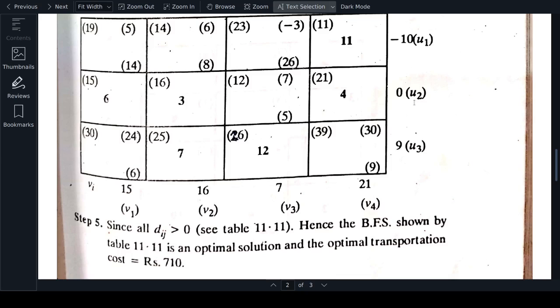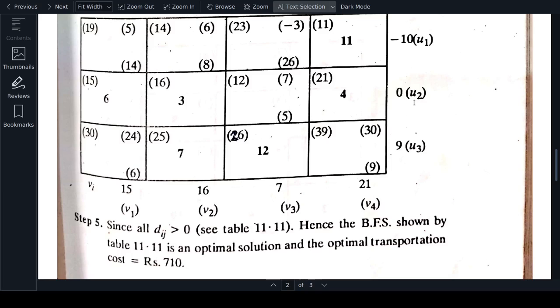This is the top, we put it in the upper right corner of the corresponding unoccupied cell. Right? So our unoccupied cells are what? C11, C12, C13. Means where 19 is present, this is our unoccupied cell. 14 is present in an unoccupied cell. 23 is also present in an unoccupied cell.